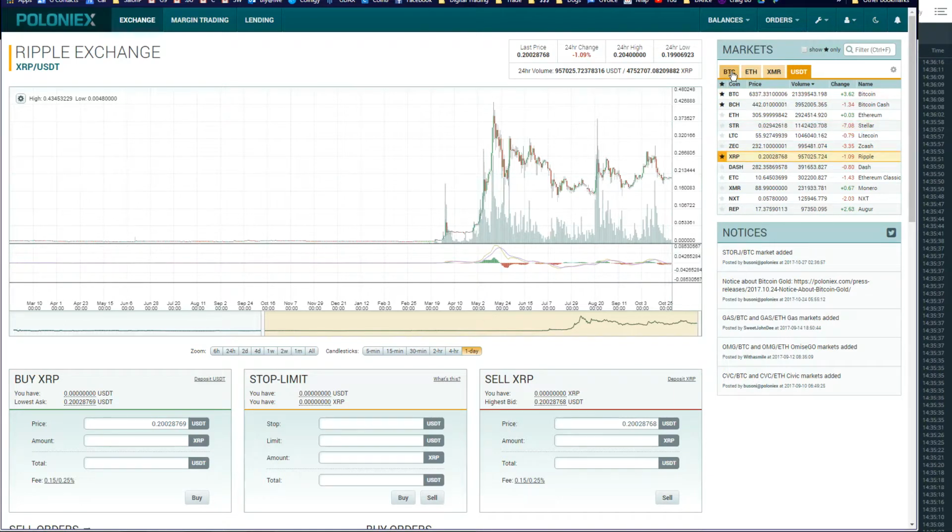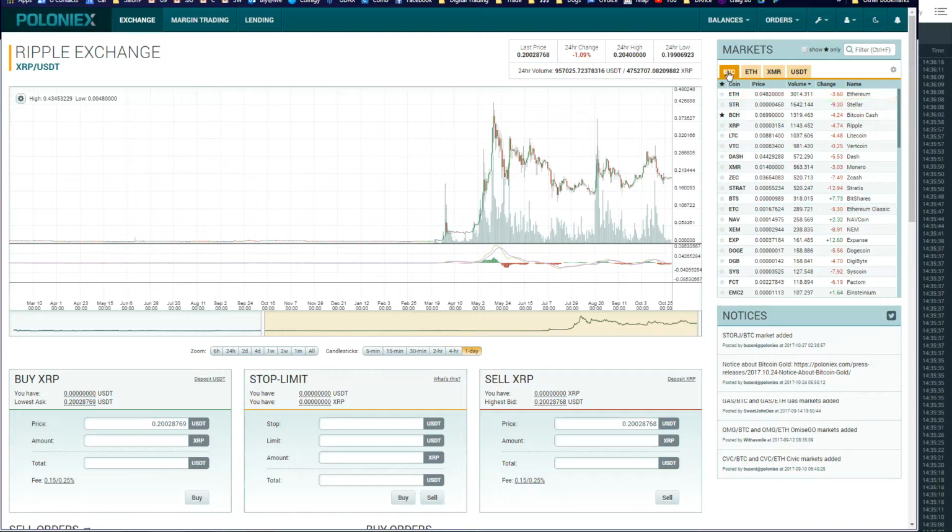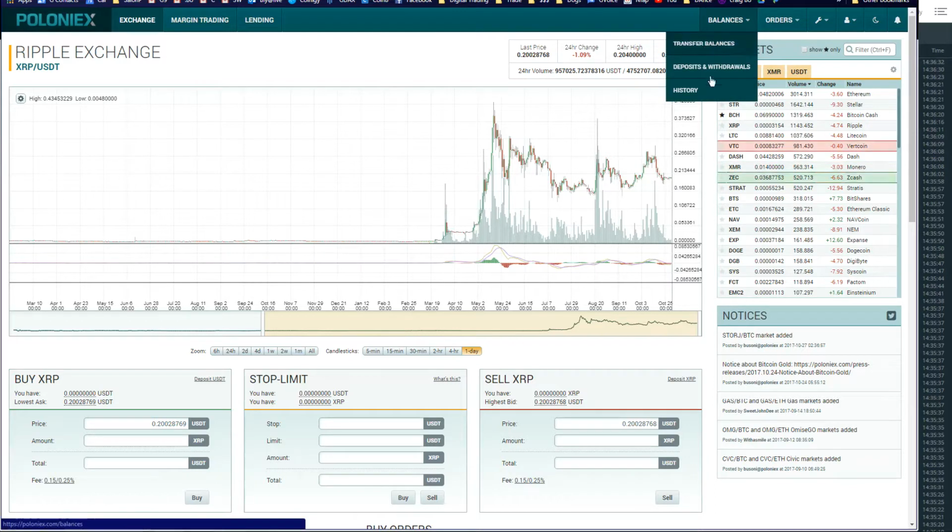Okay, so to place an order with Poloniex, you really don't ever deposit US dollars. You deposit Ethereum, you deposit something else. So you would go over here.